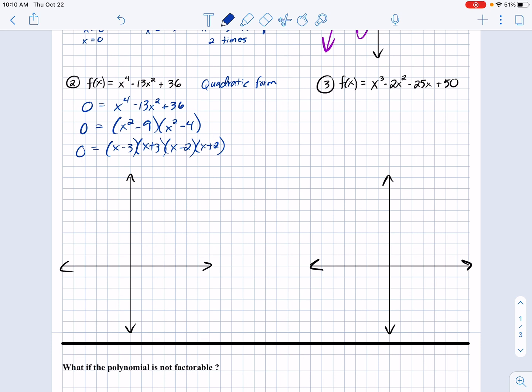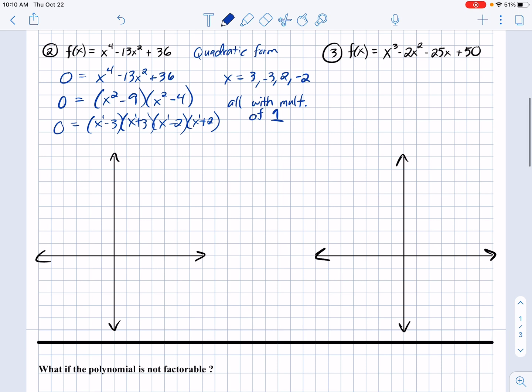So our 4 roots of this equation, or our 4 zeros of this function, would be 3, -3, 2, and -2, all with a multiplicity of 1, an odd multiplicity. None of these repeat, right? These are all powers of 1, so none of these roots are repeating.